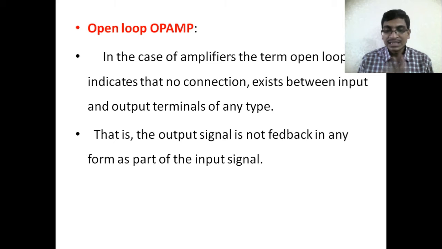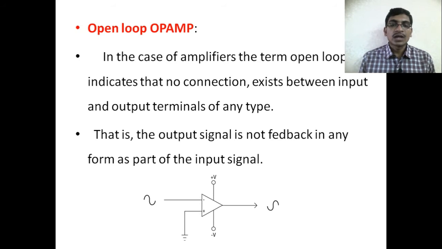That is called indirect feedback. The open loop configuration does not have either of these two types, direct feedback or indirect feedback. This is entirely different. The open loop configuration op amp diagram is shown here.